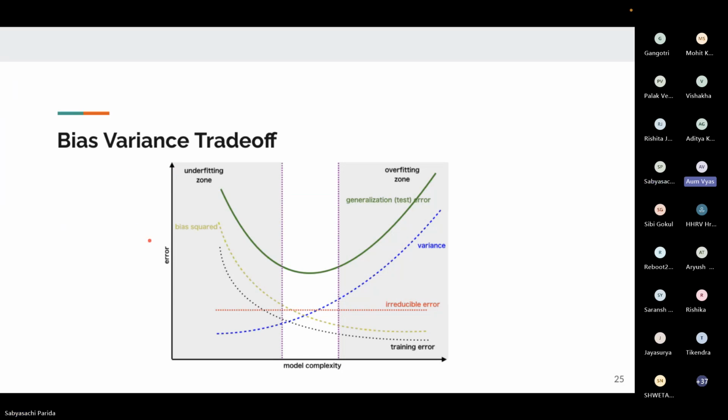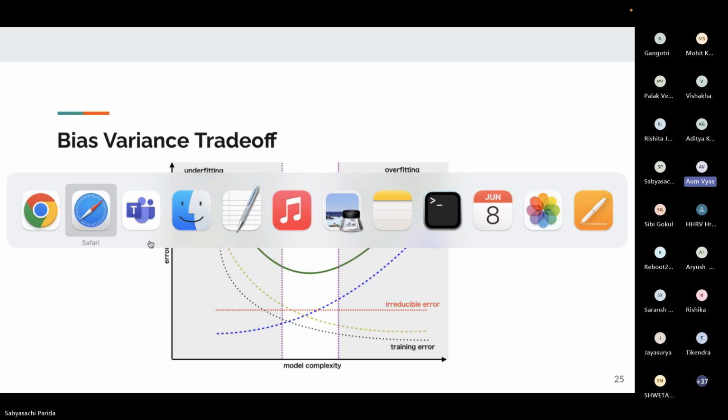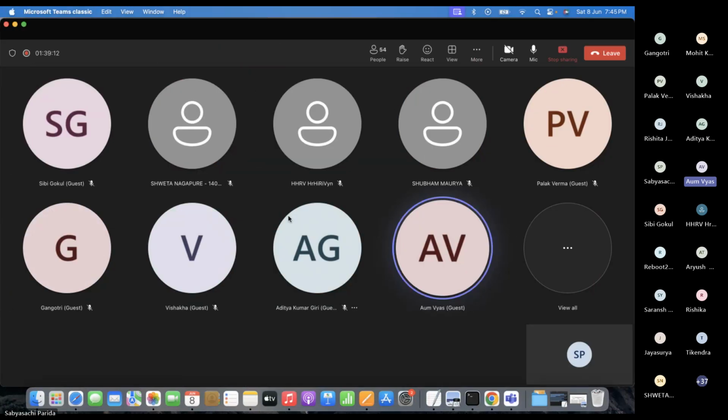Sir, so basically in polynomial regression, we are making new features and then just applying linear regression, correct? Yeah, the model would be the same. But the assumptions for linear regression were that multicollinearity should not be there.